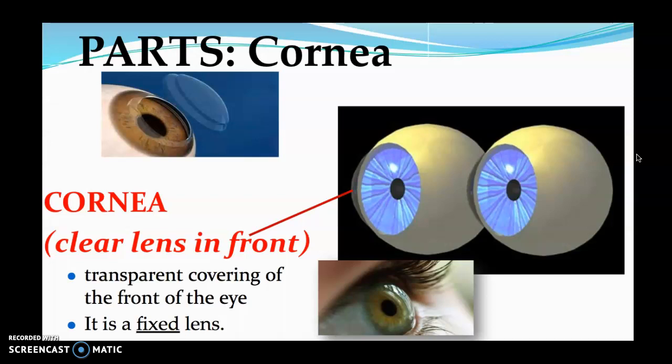This is the first place where light starts to come into your eyes. You notice the shape of it as being curved. This is what you call a convex lens, where the light coming into it is going to start to bend due to, I'm sorry, I'm getting ahead of ourselves, right? We'll just talk about the structure and then we'll talk about the function. So it's a clear lens. It's transparent, meaning the light's able to go through it, and it's fixed.